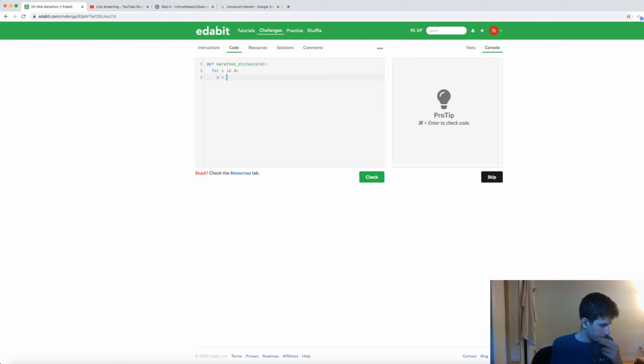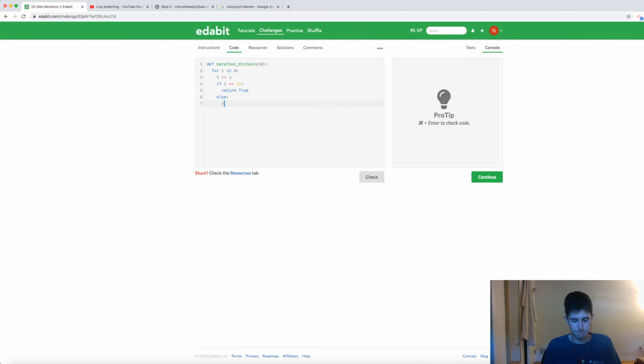So what we can do is, we can say for i in d, so we use a for loop because we're trying to look at every single number within our list. I hope that's clear. We can say t plus equals i, and then say if t is equal to 25, return true, else false.